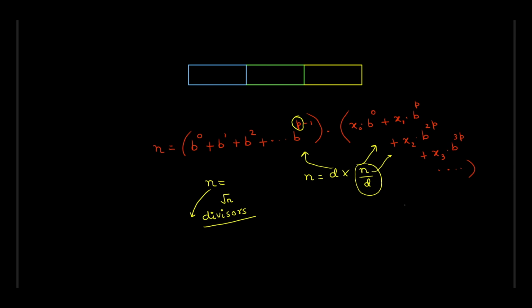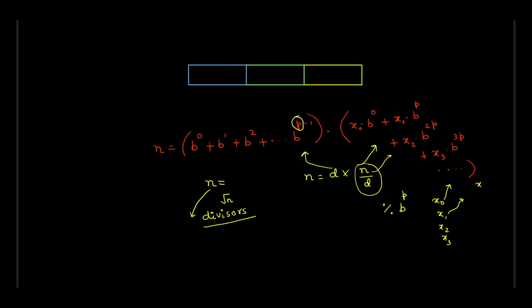You repeatedly keep on dividing by b to the power p, and you keep on taking the modulo, and once you take the modulo you will be able to extract out x0, x1, x2, x3 and so on, and you have to make sure that these xi are digits in the base b representation.